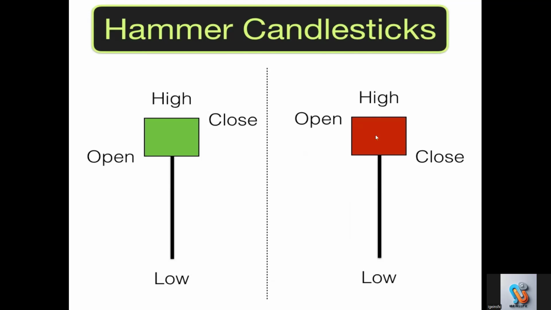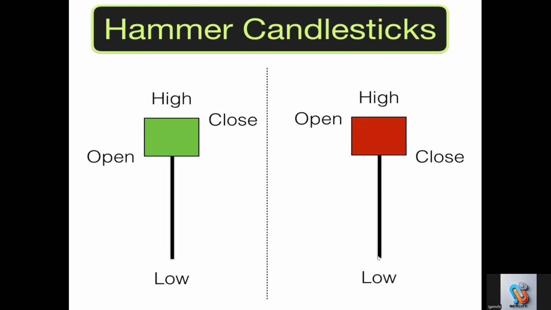The story behind it is that the price was going down. The price went down up to this level. That means sellers pushed the price down to this level. Then buyers came and took over the battle, and said, okay, guys, this price is too low. It's okay here. They entered and started pushing the price up.